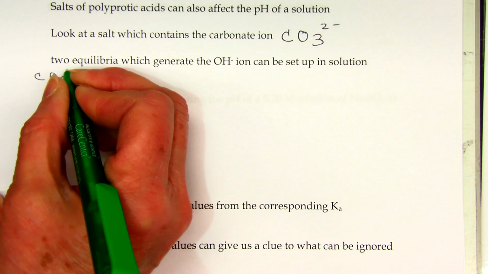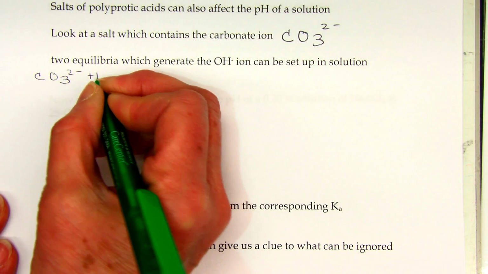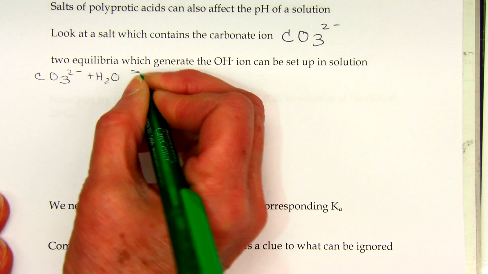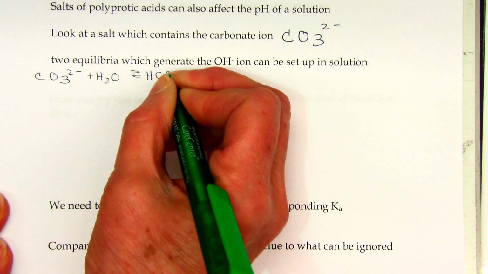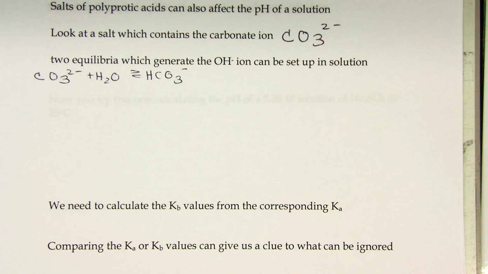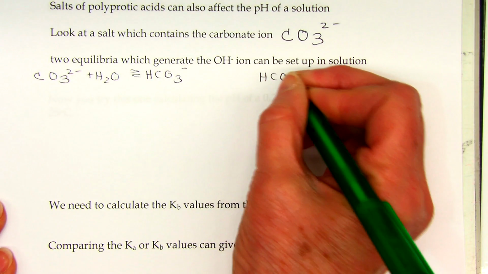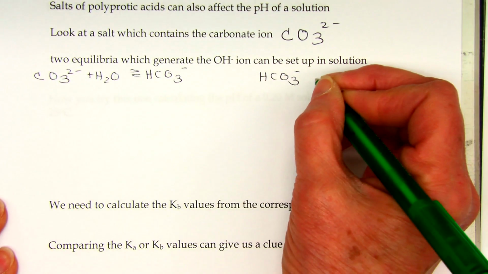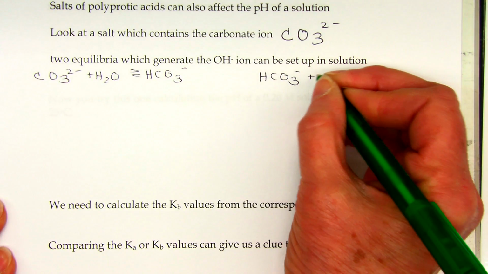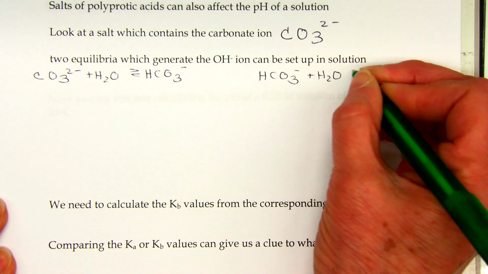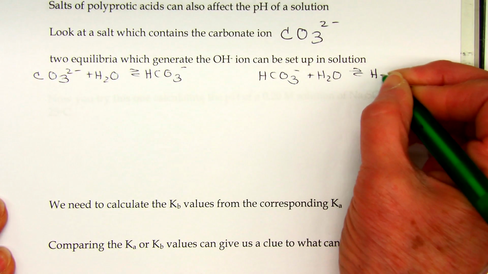So the carbonate ion can react with water to produce the hydrogen carbonate ion. And now the hydrogen carbonate ion, which is the conjugate base of the weak acid carbonic acid, can react with water to give us carbonic acid.